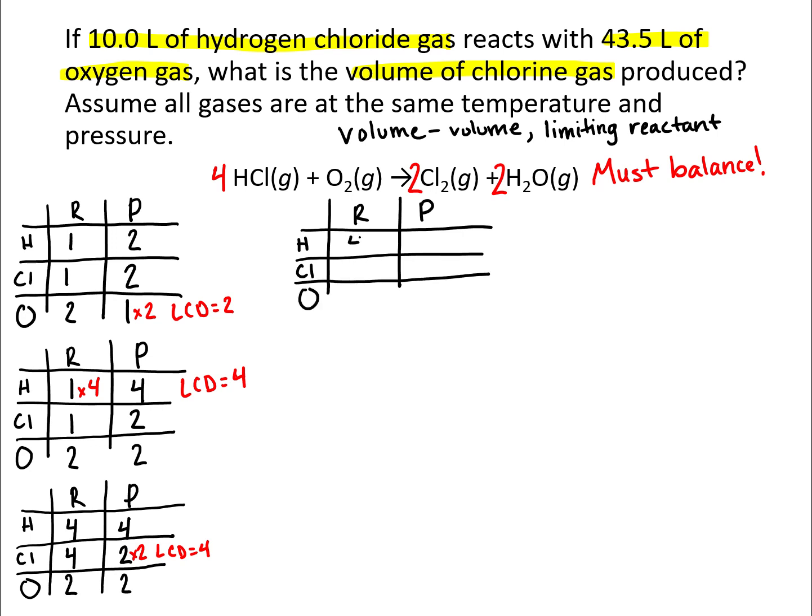Now we should be balanced. So that one was a little bit more involved, but that's the balanced equation. Now we can do 2 volume to volume questions to figure out how much chlorine gas we make.